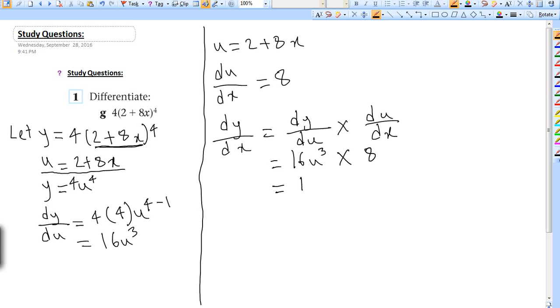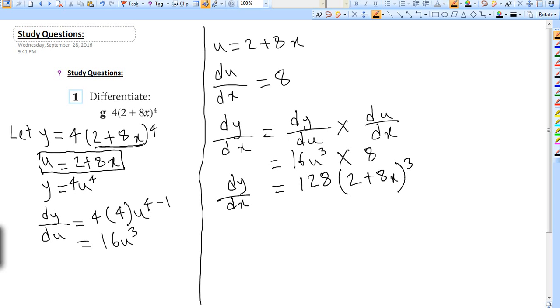16 multiplied by 8 gives us 128. The value of u is 2 plus 8x, so we substitute it here, and since it is cubed, we write this as cubed. So dy by dx equals 128 times (2 plus 8x) cubed.